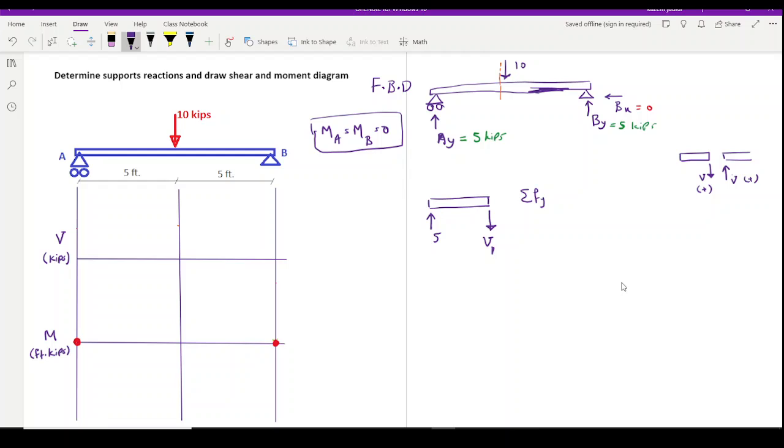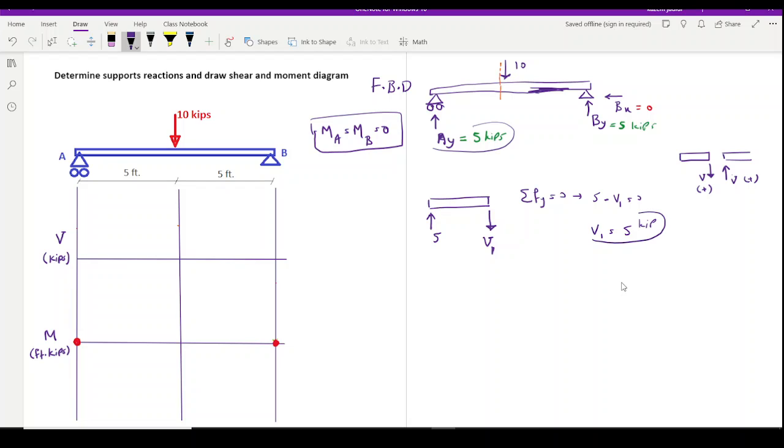Now I can write sigma Fy is 0. That means that 5 minus V1 is 0. That means that V1 is equal to 5 kip. So I calculated Ay and it was 5. I calculated V1 and it's 5.